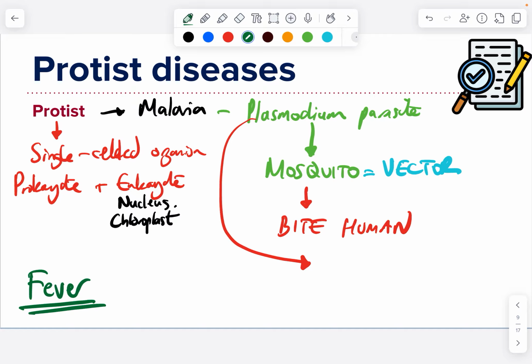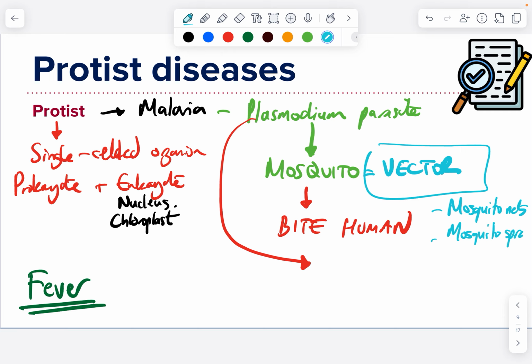In terms of prevention, you want to try and stop the vector. So you can have mosquito nets. You could have mosquito spray. Thinking at a higher level, we are thinking of genetically modifying mosquitoes to prevent their reproduction so they don't spread it.